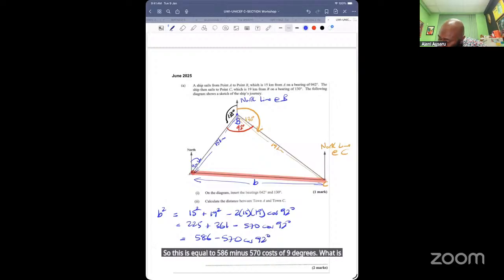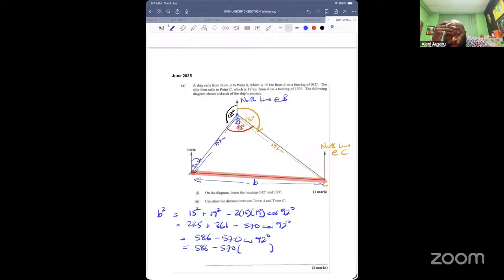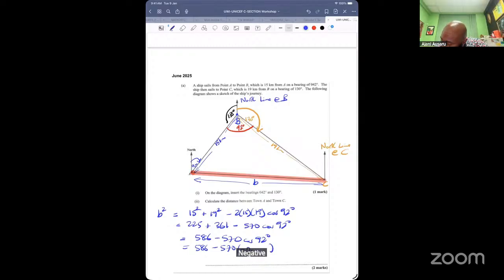What is cos of 92 degrees, somebody? It's going to be negative. Negative 0.035. So this is 586 plus 19.89.